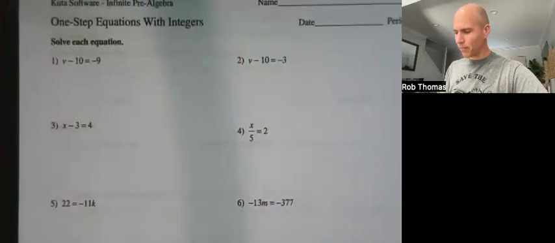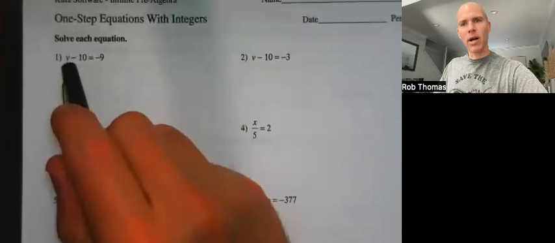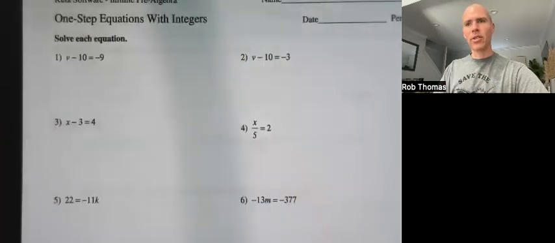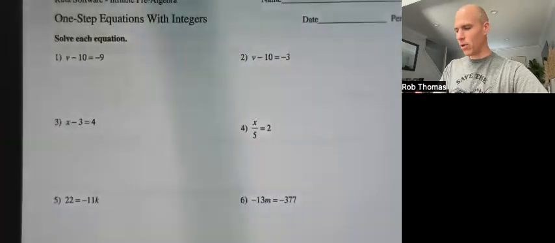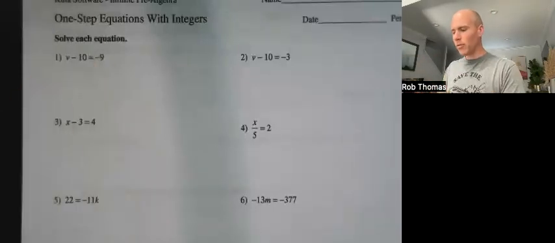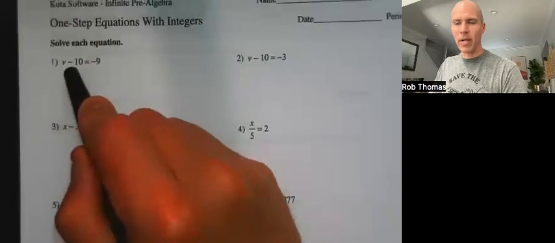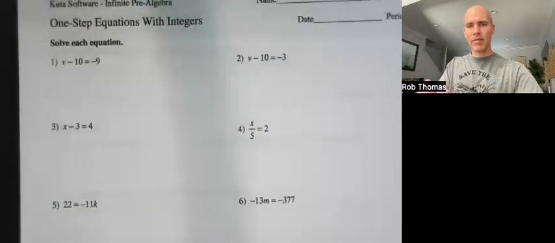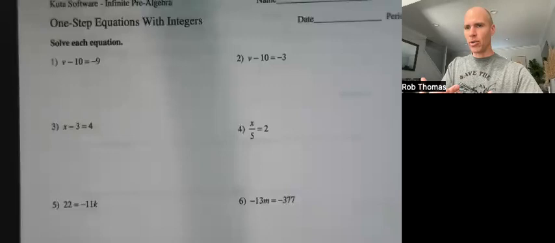The trick is to look at whatever operation is happening to your variable, or whatever operation some other number is doing to your variable, on the side of the equation that has the variable. And then you just want to do the opposite of that. And you have to write and show that that's what you're doing.